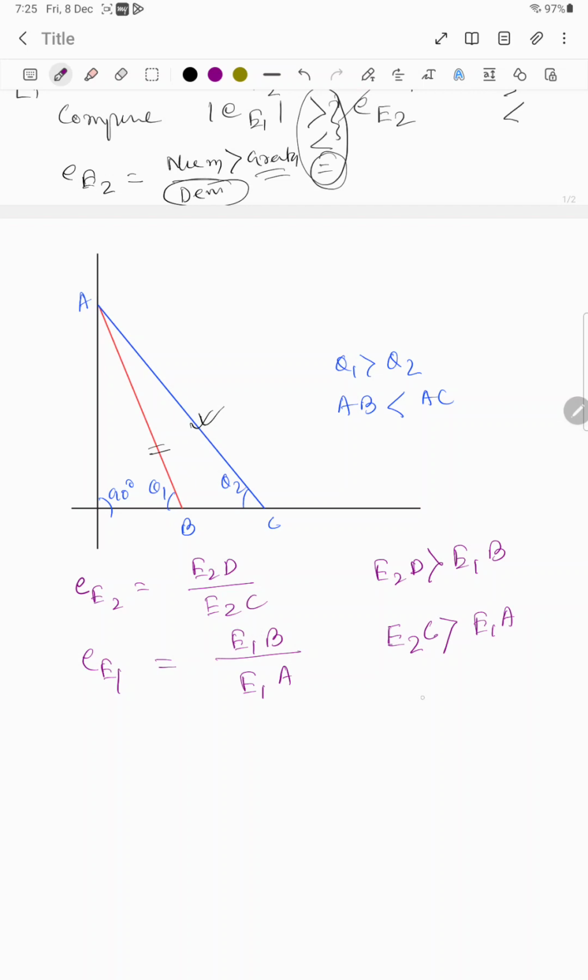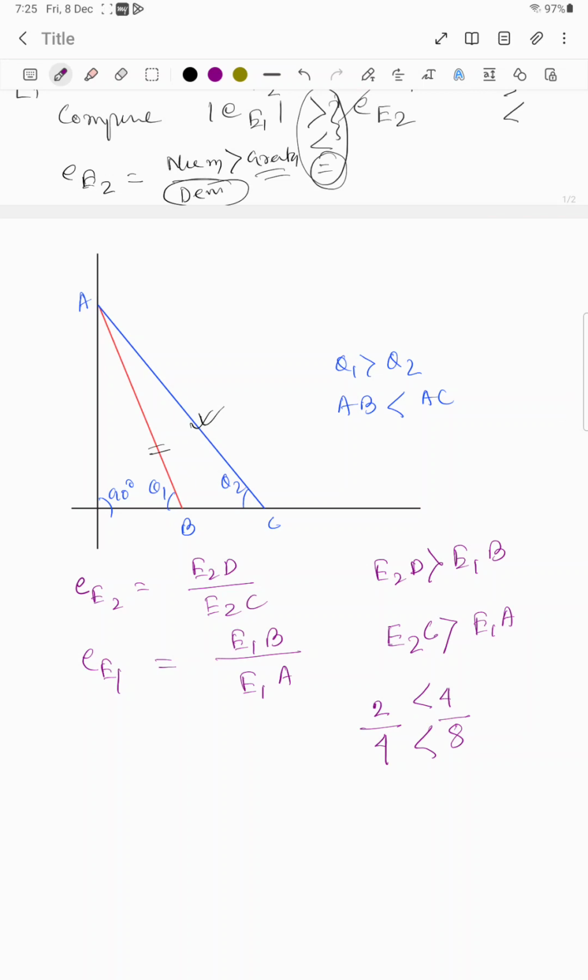Suppose I give an example of a ratio: this one is 2 by 4, and then there is a ratio of 4 by 8. Here the numerator is greater and the denominator is also greater. What will happen to the ratio? We have no idea.